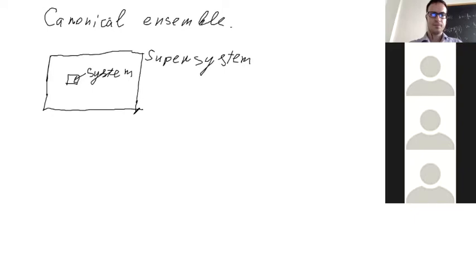Thus the super system has energy capital E. No, sorry, that would be column. The subsystem, the system of our interest, has energy epsilon.